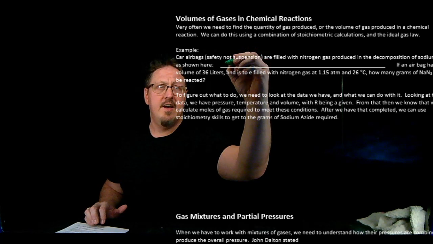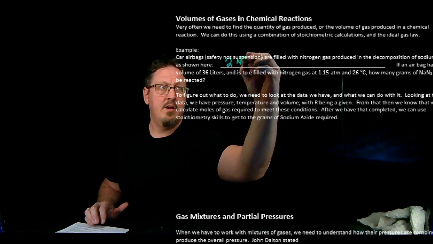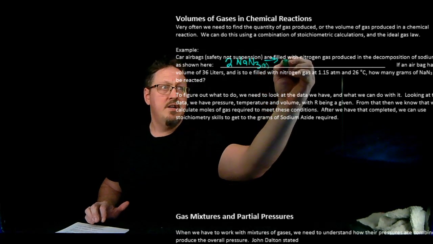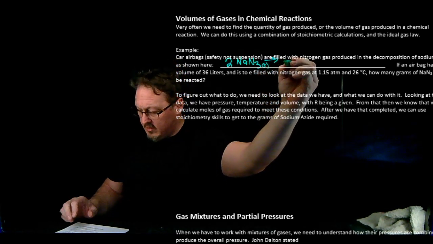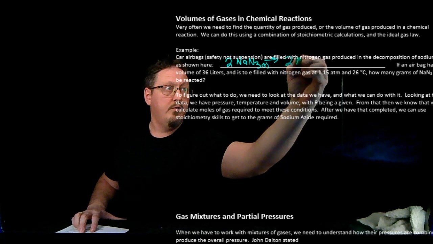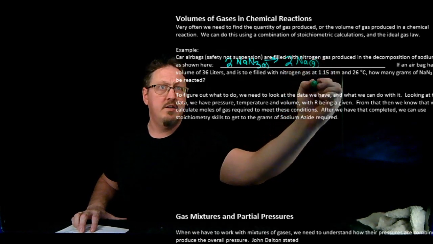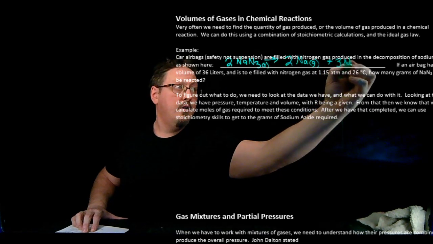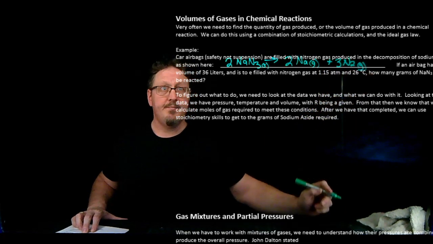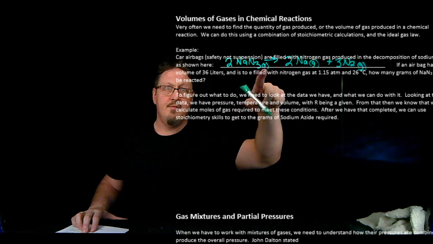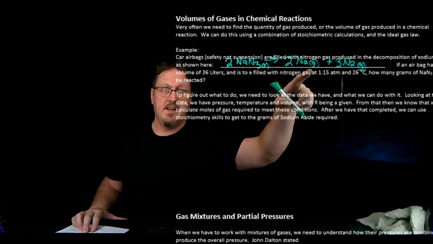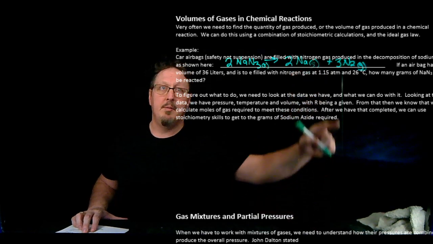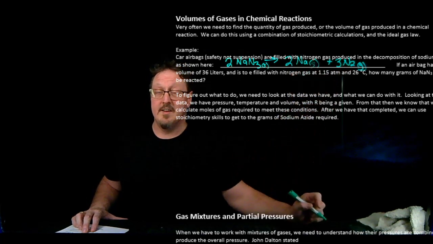The chemical equation for that is 2NaN3, which is a solid, breaks down into 2 moles of sodium, also a solid, and it spits out 3 moles of nitrogen gas. So 2NaN3 is a solid, makes 2Na as a solid, sorry, and it makes 3 moles of N2 as a gas.